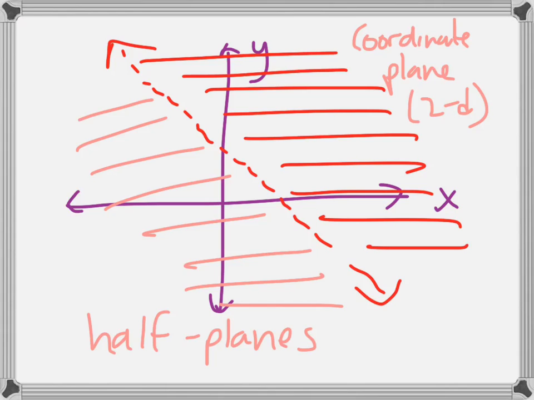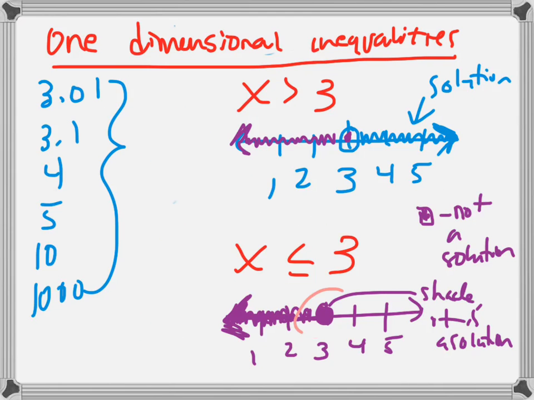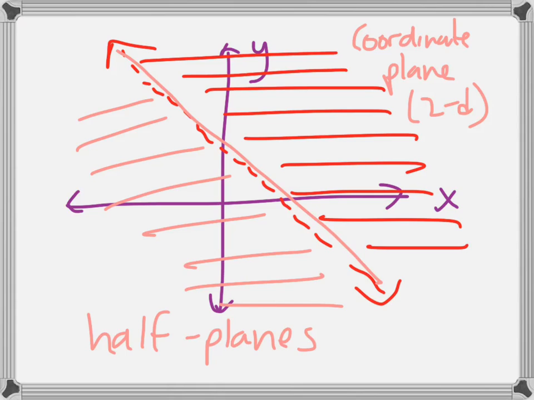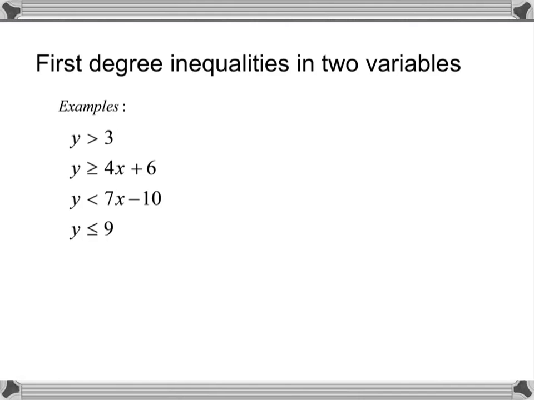So in our inequalities in the two-dimensional system, there's going to be a border line right here, just like there was a border here. It's equivalent, and it's going to split our system into parts that are solutions and parts that are not solutions. Oh, and by the way, this is called first-degree inequalities in two variables.